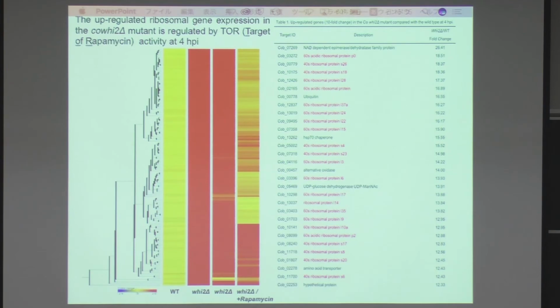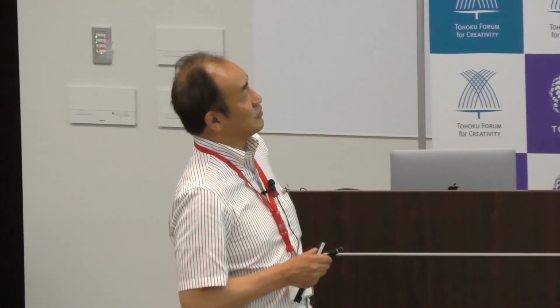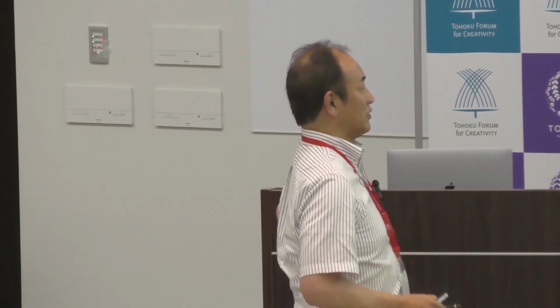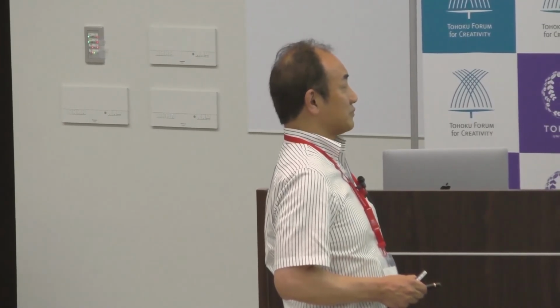So we hypothesized that the enhanced expression of those ribosomal genes is due to the activation of TOR signaling. And the hypothesis was supported by the application of rapamycin. So those enhanced expressions were downregulated in rapamycin treatment.